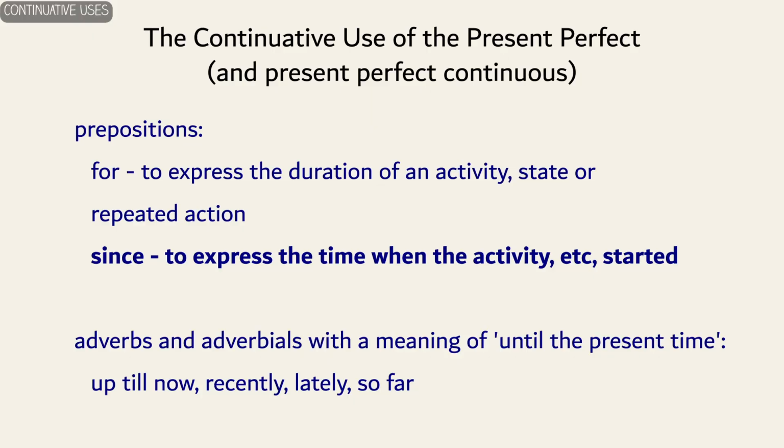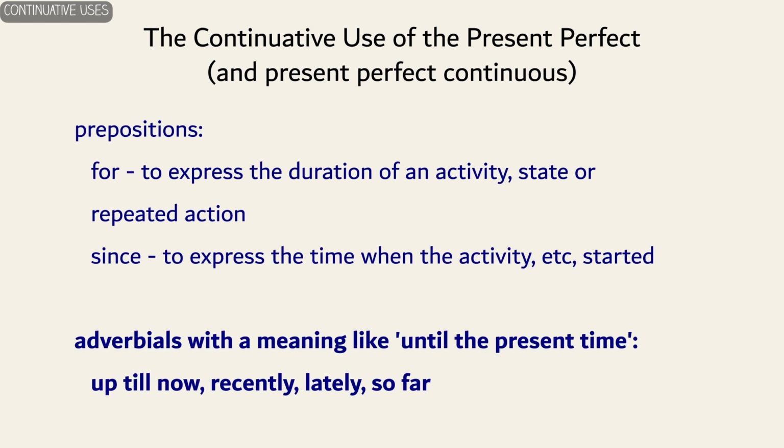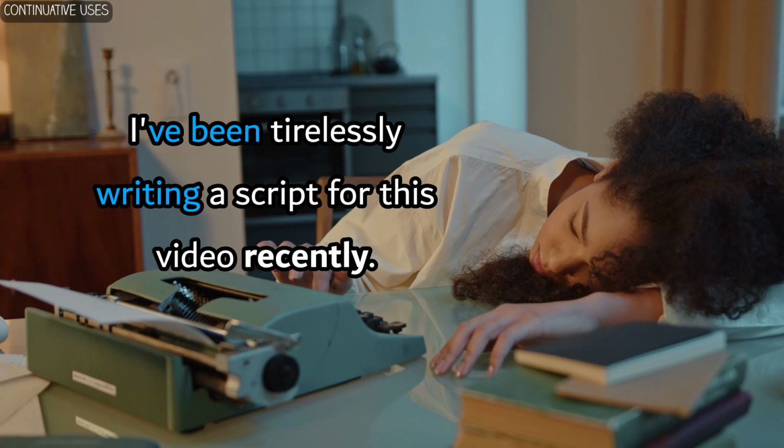Likewise, we can use the word since to introduce a prepositional phrase to express when the activity, state or action started. So, since breakfast time. Adverbs and adverbial phrases that have a similar meaning to until the present time can be used with the present perfect. So these include up till now, recently, lately, or so far. So we could say a sentence like, I've been tirelessly writing a script for this video recently.